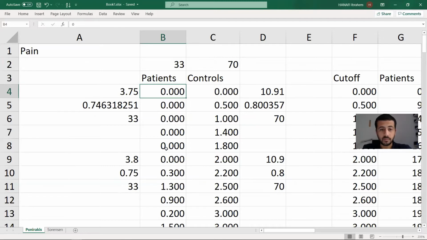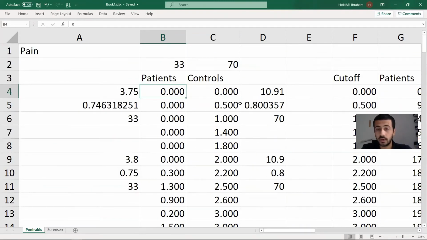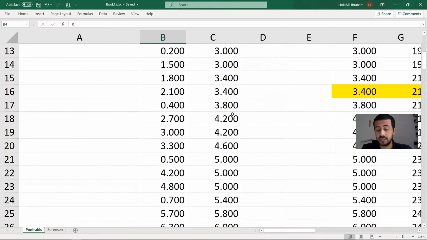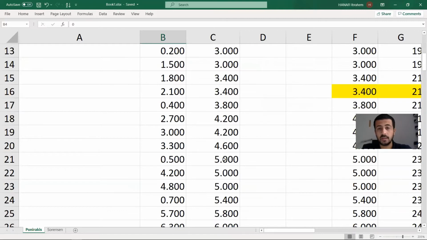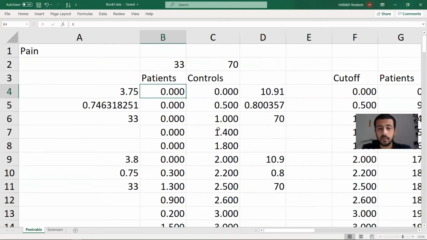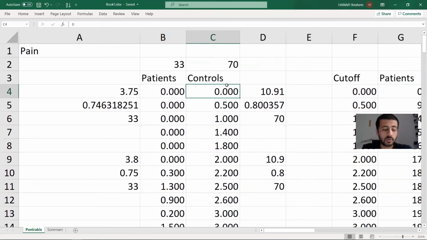For some patients we have zeros. For some controls, we have zeros also in skin biopsy, and we have higher numbers and so on. That is fine. I need to compare the numbers between patients and controls. What is the test you suggest?